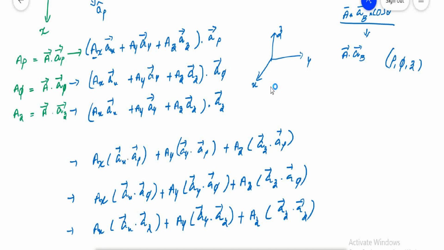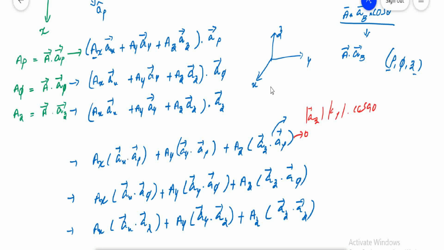Here rho and z are orthogonal to each other. The dot product becomes 0, because it is the magnitude of a z, that is 1, and a rho magnitude, and cos 90, since z and rho are perpendicular to each other, cos 90 equal to 0, so this total term becomes 0.